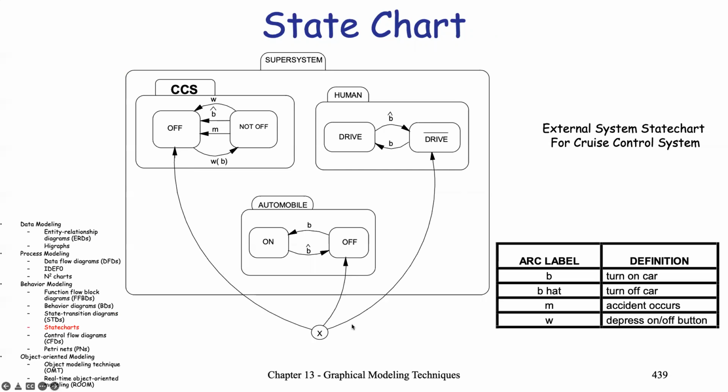If the cruise control is off, then that means a change in state that's going on with the automobile and the way that the human is driving it. If cruise control is on, then they just have to be focusing on the wheel rather than pushing on the accelerator or the brake pedal, perhaps if it's more advanced.